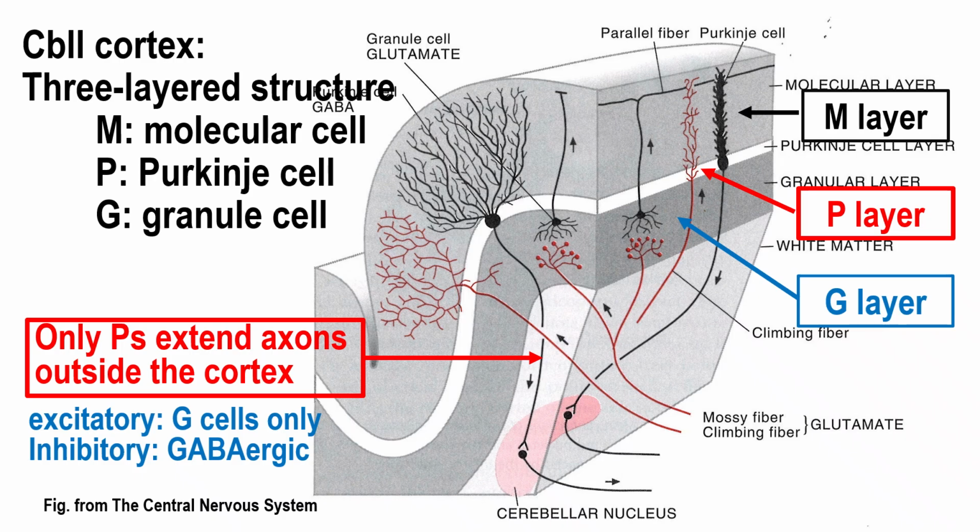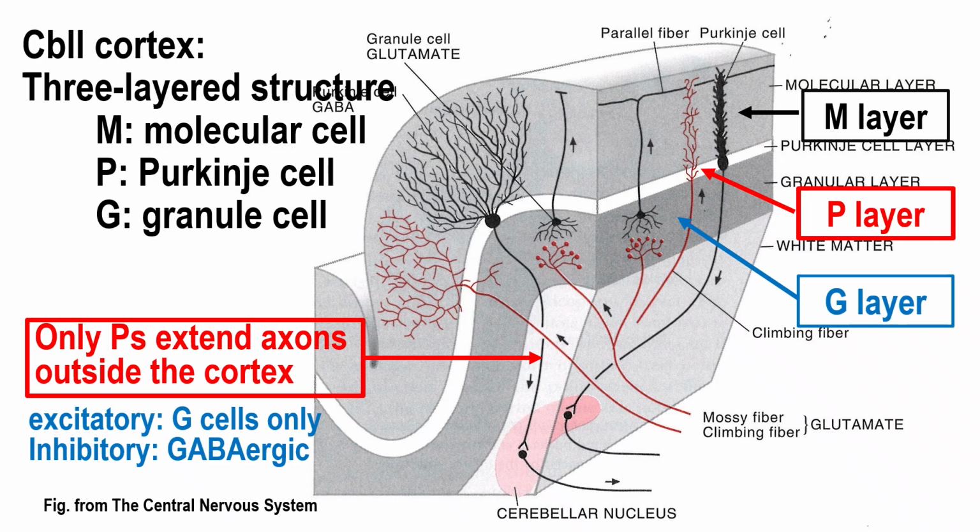The molecular layer contains mainly dendrites and axons from the cells in the deeper layers, but only a few cell bodies, such as small stellate cells and basket cells.